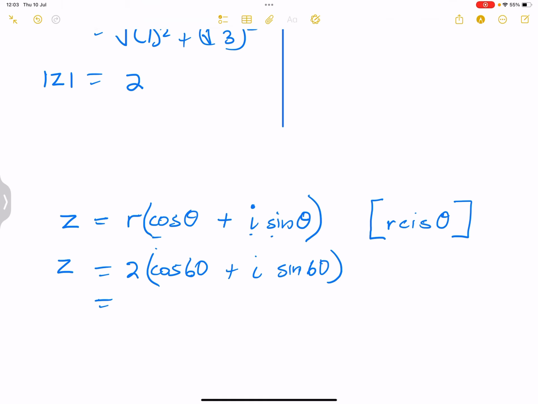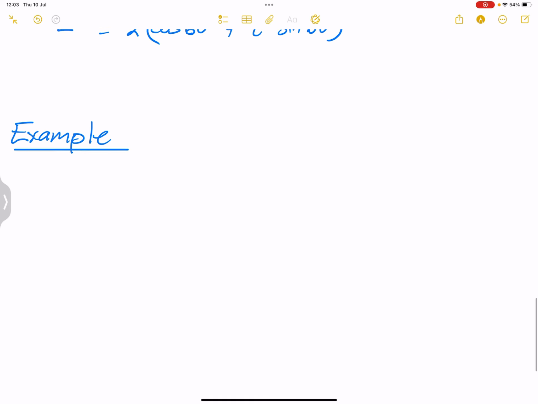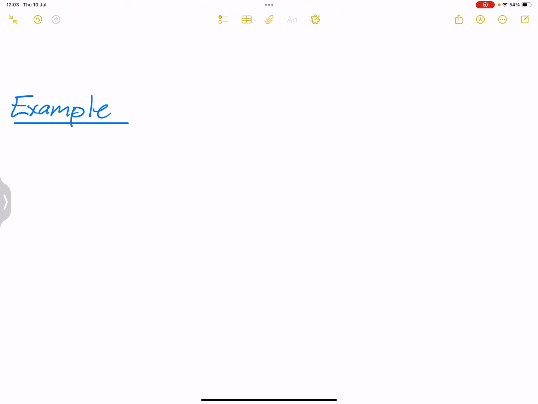Okay, right. Now, ladies and gents, I want us to do the following. Let's take another example, and we're going to jump into some exercises, right? So suppose I give you another complex number, 2 plus 6i, okay?